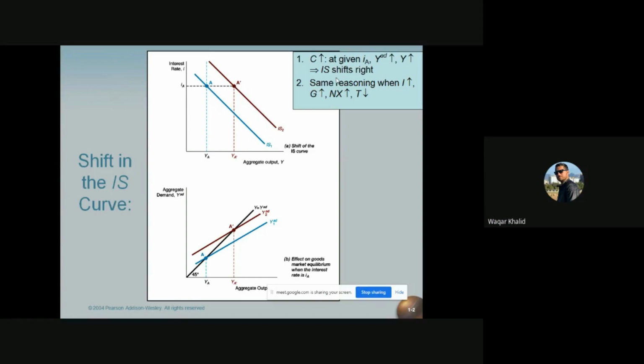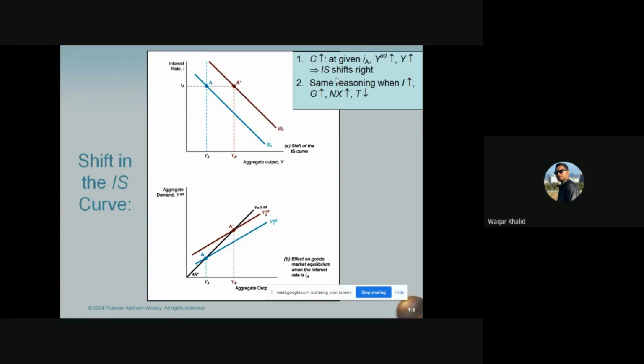But when we talk about changes in taxes, a decline in taxes shifts the aggregate demand function upward by raising consumer expenditure at any given interest rate.